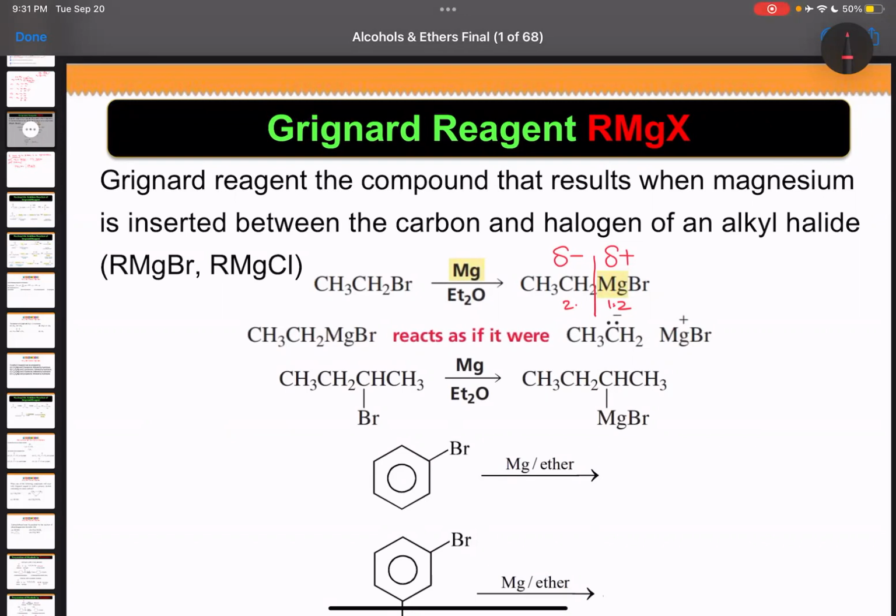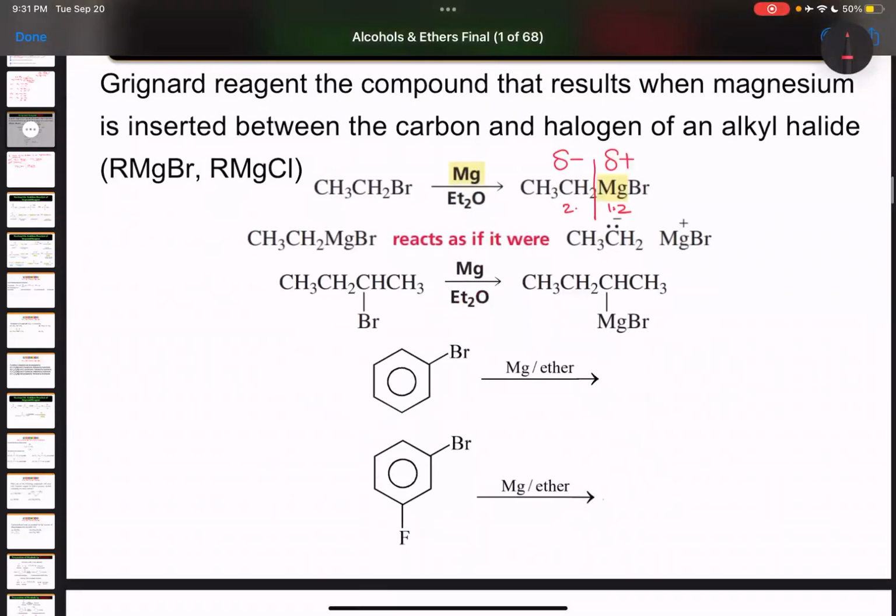Now the next thing is, if it is a nucleophile, you can prepare it very easily. You need dry ether. Ether should not contain any moisture or alcohol. Why? Because it is very reactive and it will react with them. Exactly.